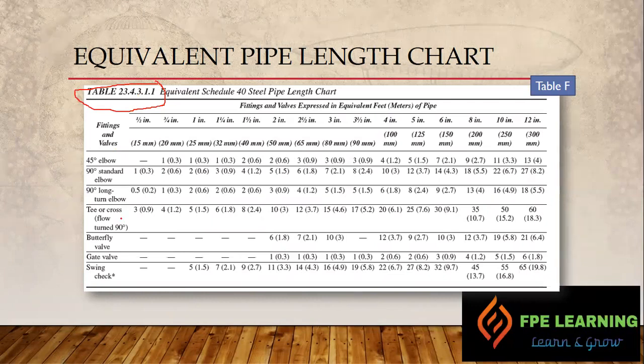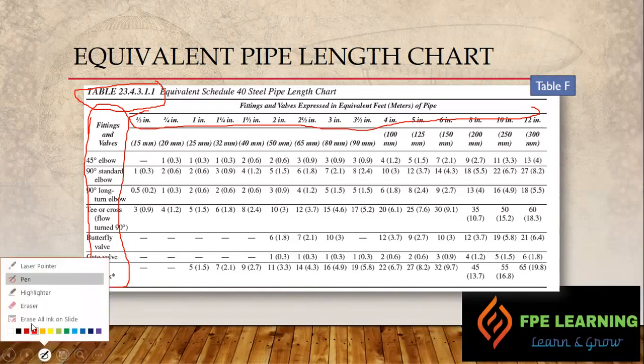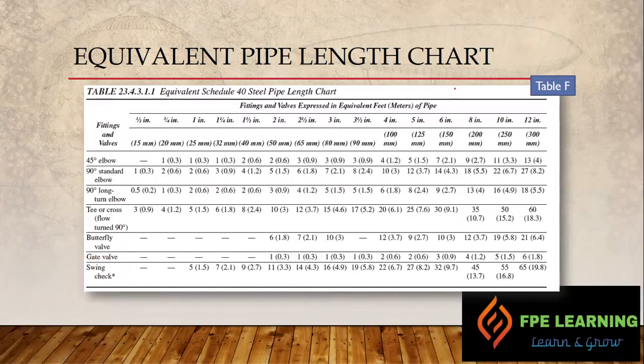In the vertical column, we have types of fittings and valves, and here we have different sizes. The value they have given is in feet or meters of pipe, and the size they have given in the vertical direction. How do we take that?